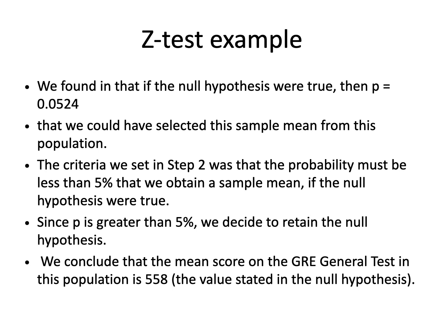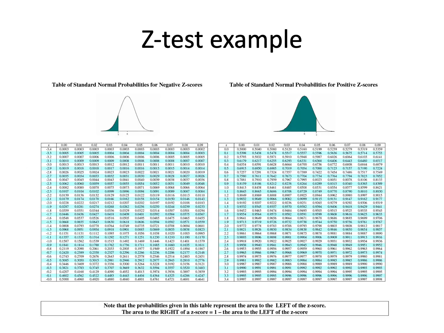We decide to retain the null hypothesis, and that's why we conclude that the mean score of the GRE test in this population is 558, which is the value stated in the null hypothesis.